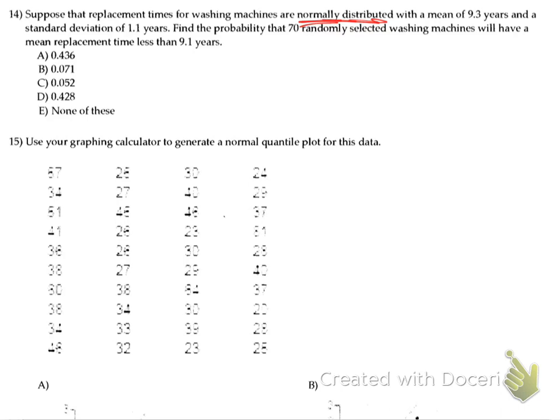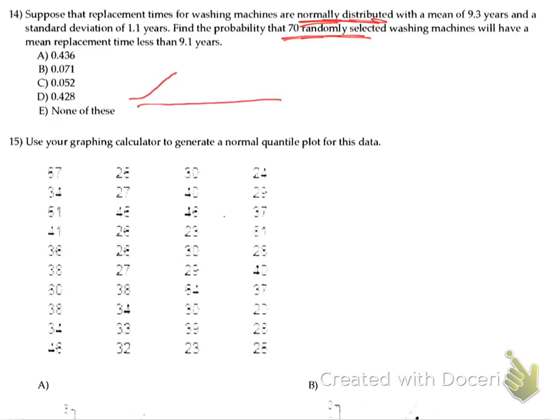And then 70 randomly selected washing machines. Is that one washing machine or a group of washing machines? It's a group. We're going to need to divide by the square root of 70. Again, it's just like the last one. We'll have mean replacement time less than 9.1. So we know it's going to be a normal curve, and divide by the square root of 70 at the end of the standard deviation.